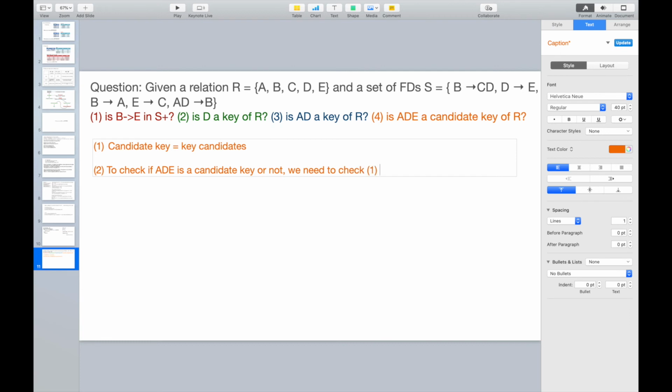We need to check if the first thing is the closure of ADE covers all the attributes, and now its subset, their closure, cannot cover all the attributes.